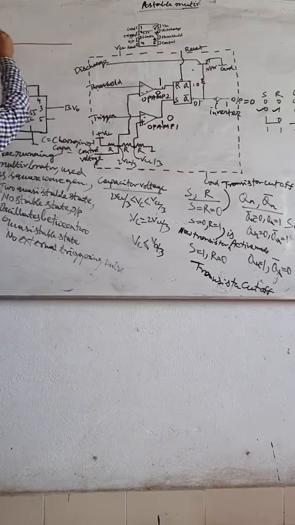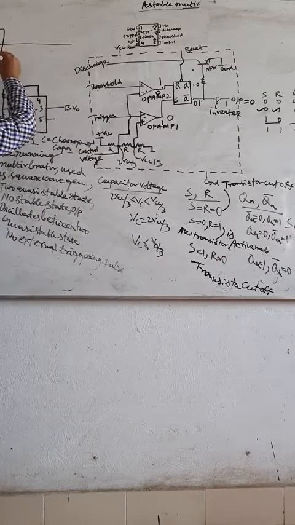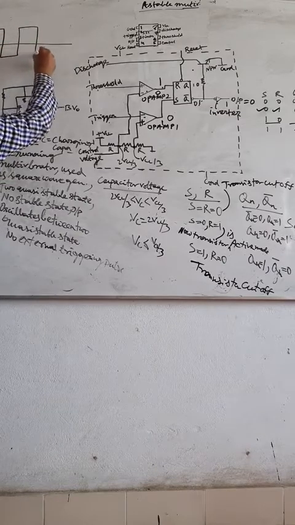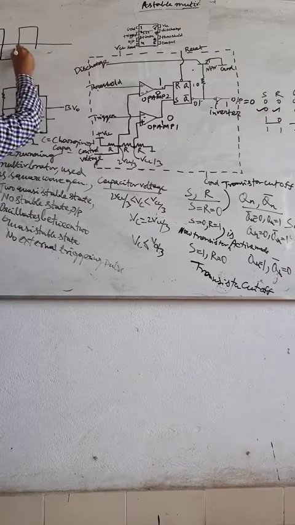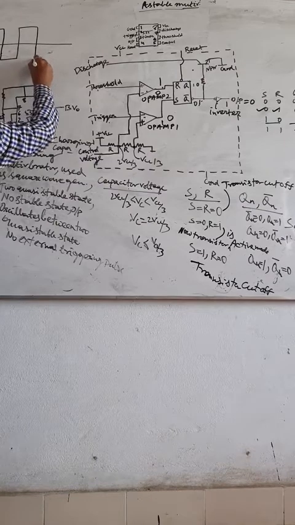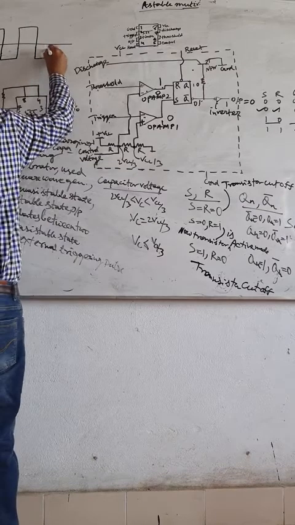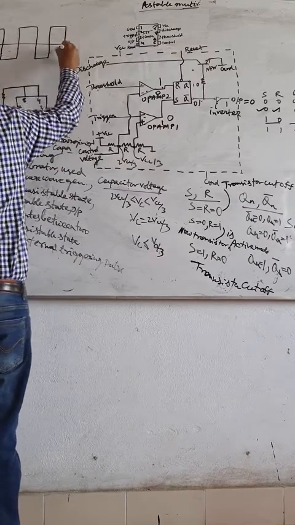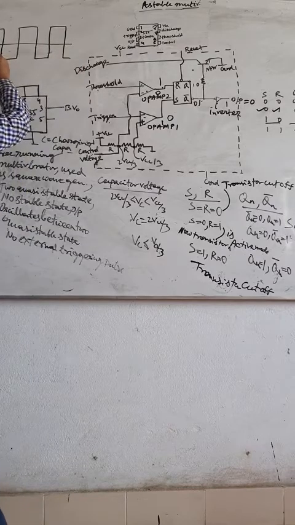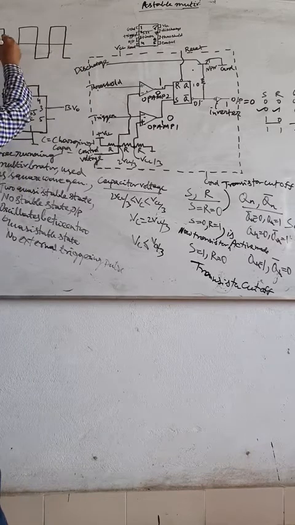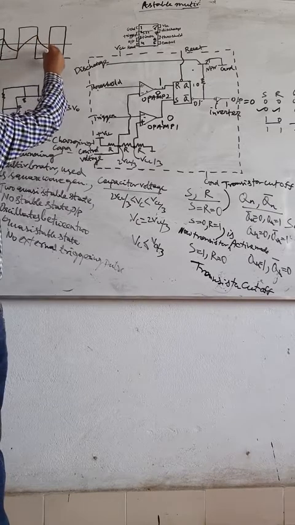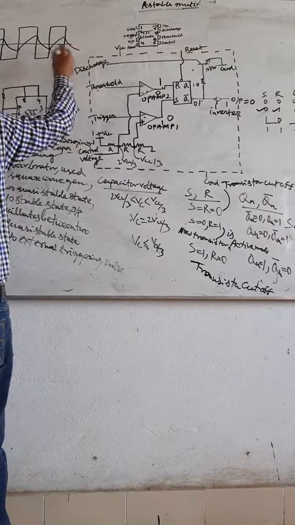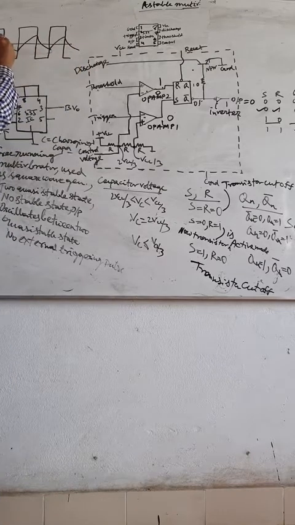The output diagram of the astable multivibrator looks like this. This is Vcc by 3.